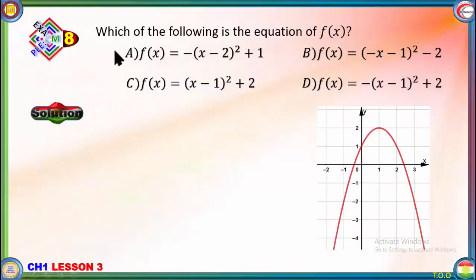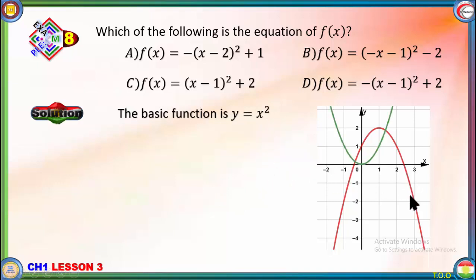Example number 8. Which of the following is the equation of f(x)? First of all, this is a quadratic function. Let us draw the graph of the basic quadratic function, which is y equals x squared.